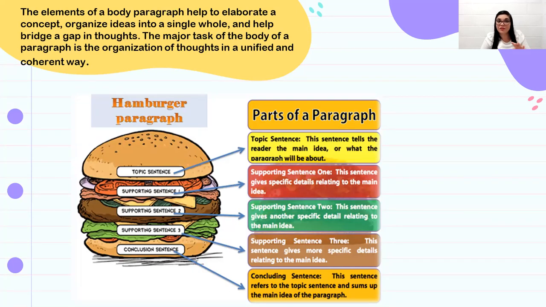All the elements of a body paragraph help to develop and elaborate a concept, organize an idea into a single whole, and help bridge a gap in the thoughts that you're discussing.